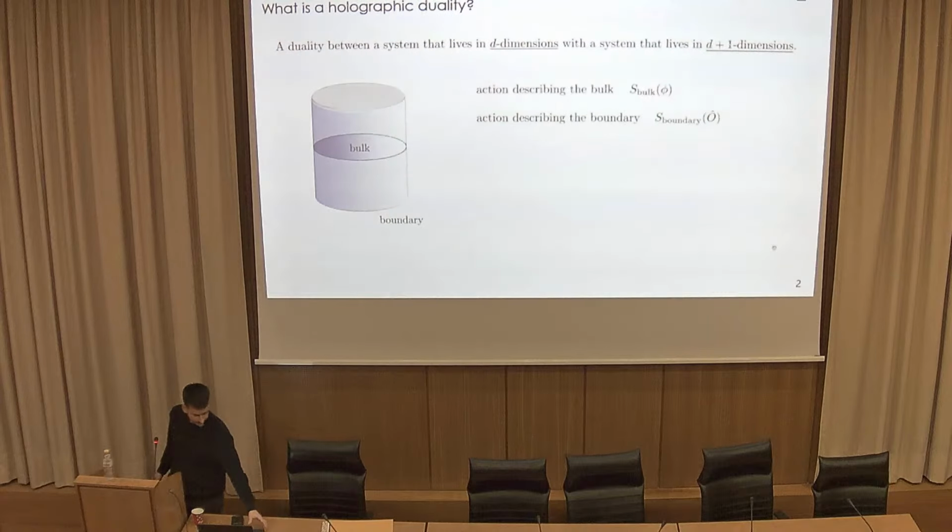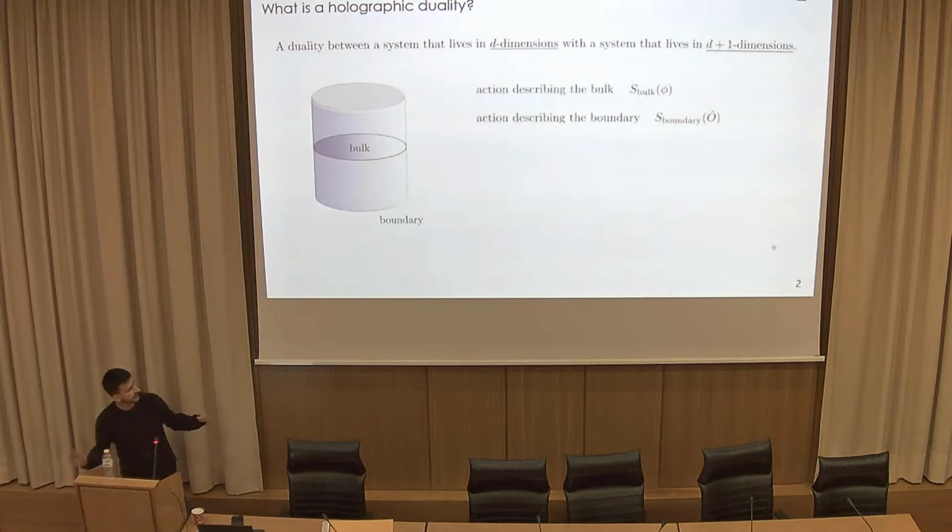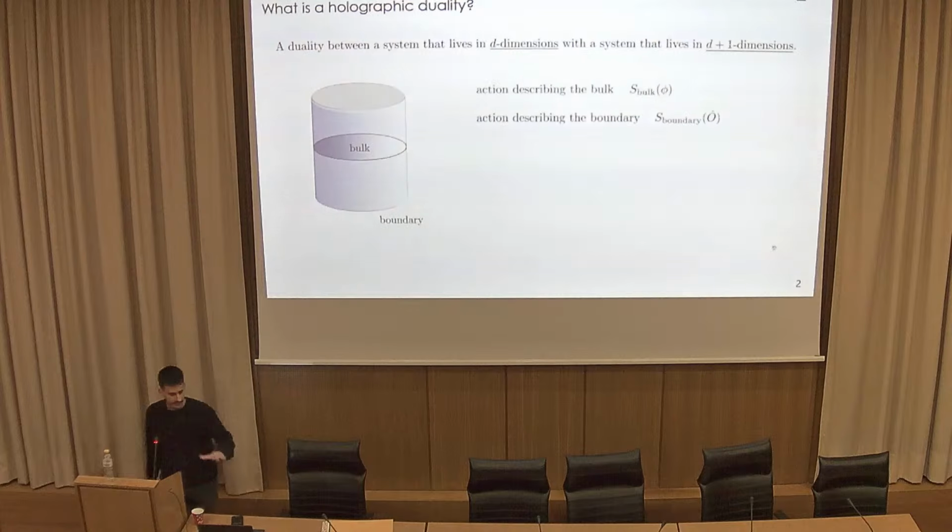We can make our lives very easy if we just think of a theory in 3 dimensions and choose cylindrical coordinates and think of that theory living in the bulk of this cylinder. It can be described by an action, and then if there is such a duality, there should be a theory or a system living on the boundary, which we can describe with a different action, the boundary action.